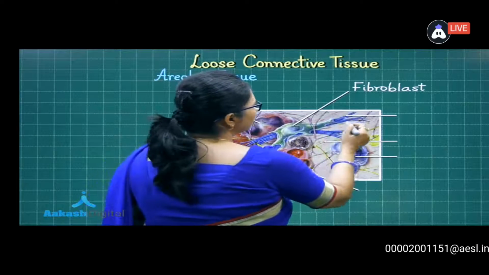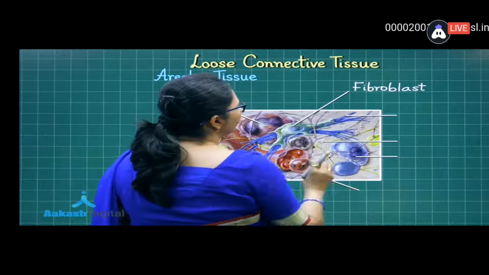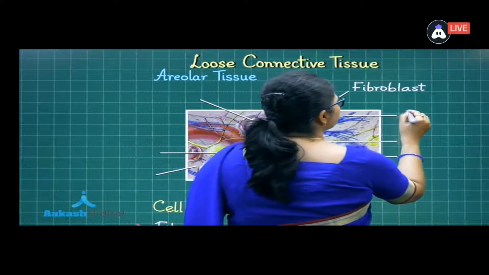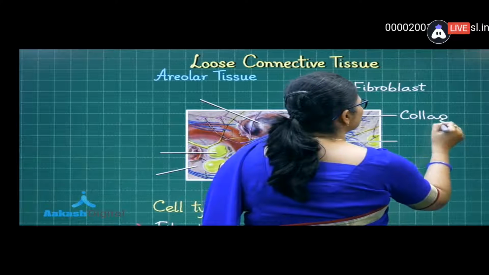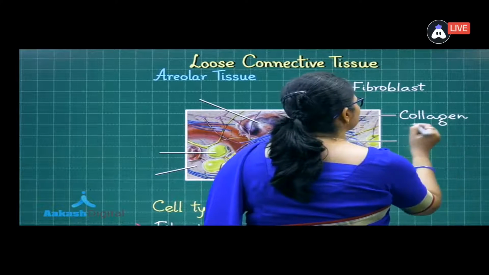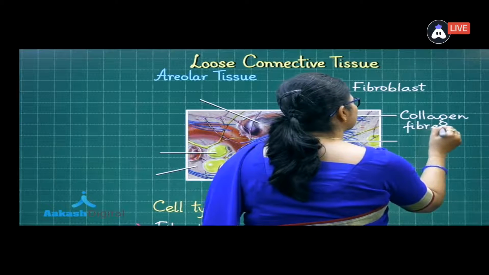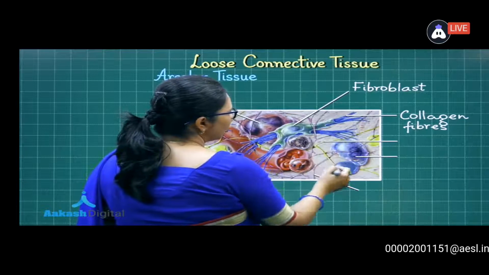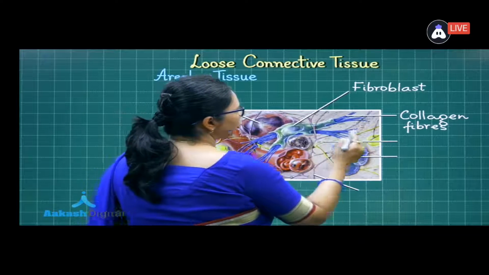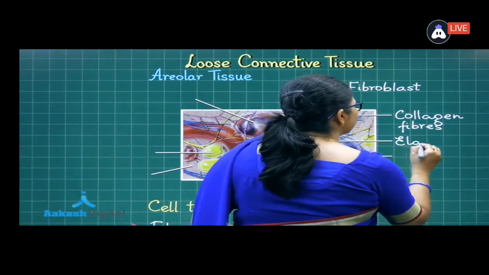Now the thicker unbranched fibers that are shown here in the form of bundles, these are the collagen fibers. These yellow colored, branched fibers, these are the elastic fibers.